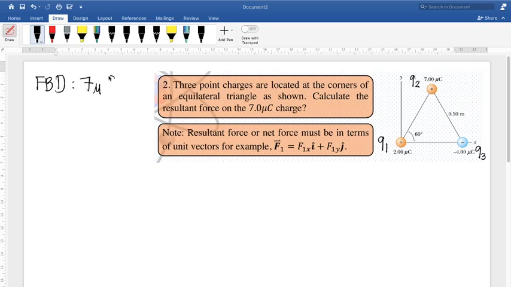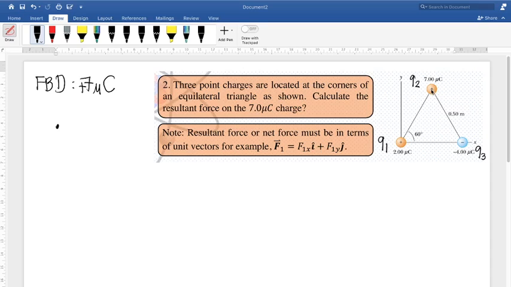Where we put all the forces on the charge in question. So the 7 microcoulomb charge, we can represent this as a point. Here we can see that the 2 microcoulomb charge exerts a repulsive force on Q2, the 7 microcoulomb charge.